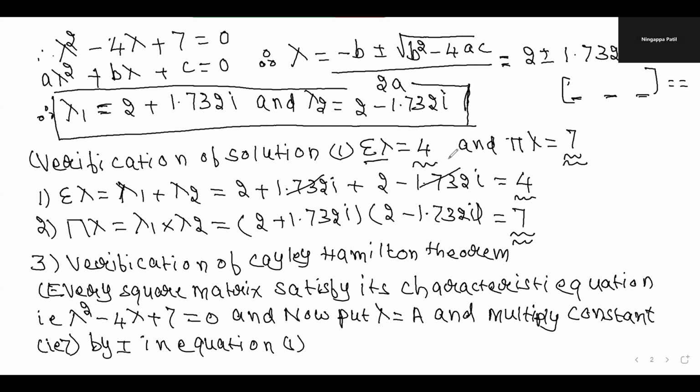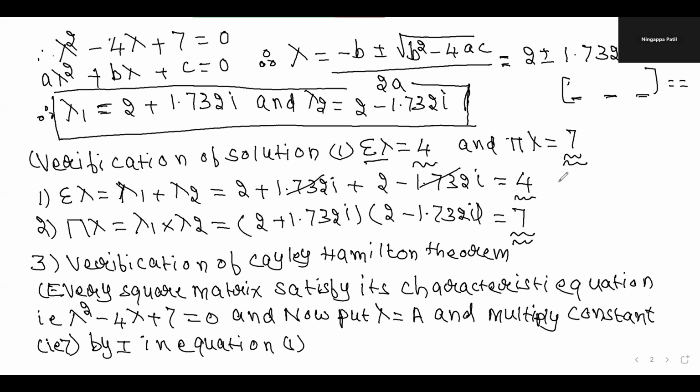The second property is the product of lambda equals the constant term 7. You can verify. Summation of lambda equals lambda 1 plus lambda 2, that is 2 plus 1.732i plus 2 minus 1.732i. Then the plus and minus 1.732i get cancelled.